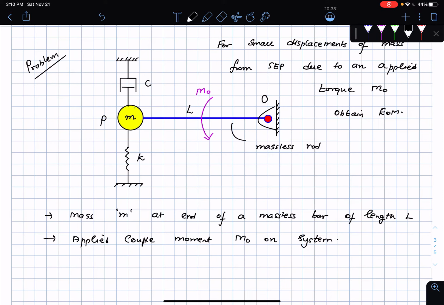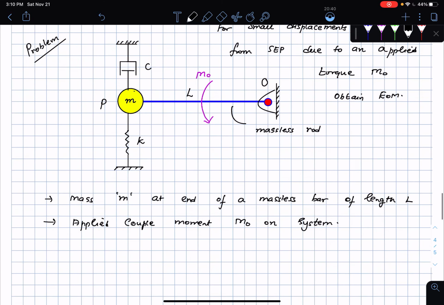As you can see, there is a spring and the mass sitting on it. So from SEP, what is the equation of motion? This is the basic problem.